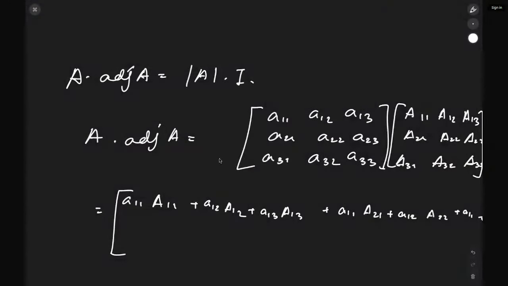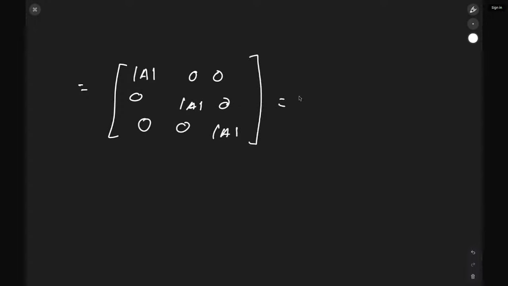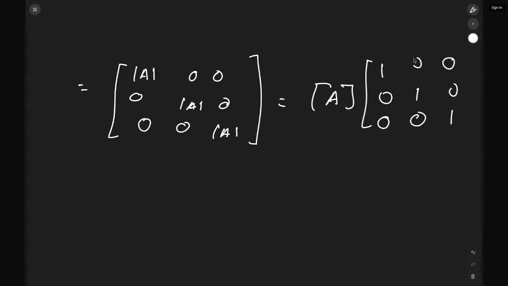Only if we write it all down, we will be left with just simply determinant A, 0, 0, 0, determinant A, 0, and 0, 0, determinant of A. If we take the determinant of A common, I will be left with an identity matrix as such. So this proves that A adjoint A is determinant of A multiplied with an identity matrix.